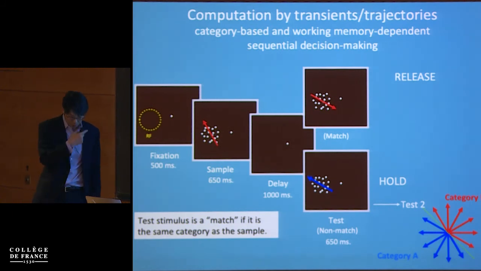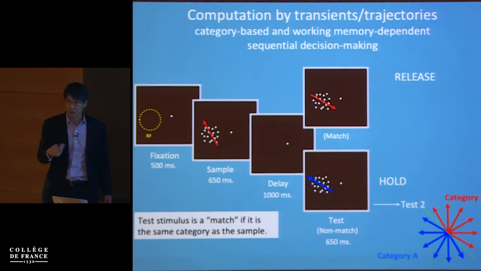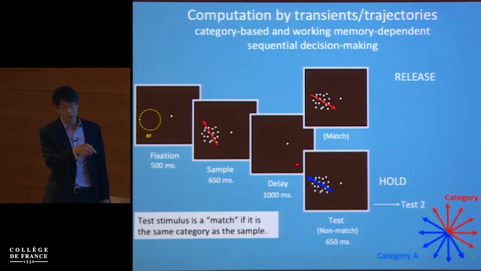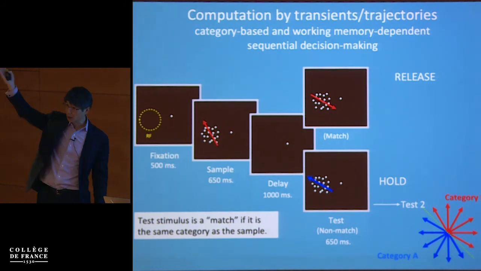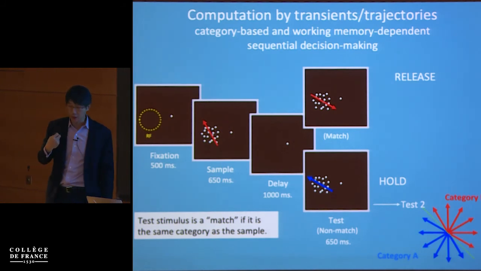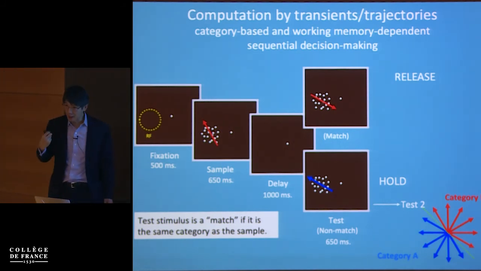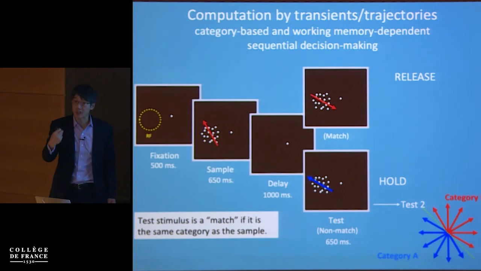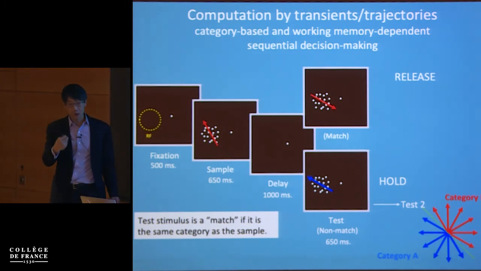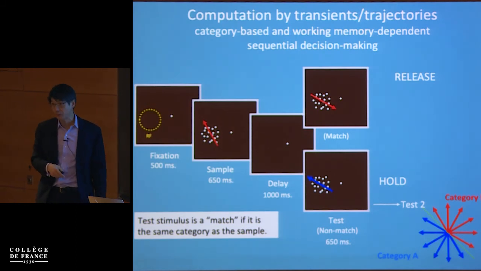So the animal, to perform this task, has to classify the stimulus and remember that across a delay period. At the end of the delay, you show a test stimulus in another direction. And the task for the monkey is to decide whether the test stimulus belongs to the same category as the sample.